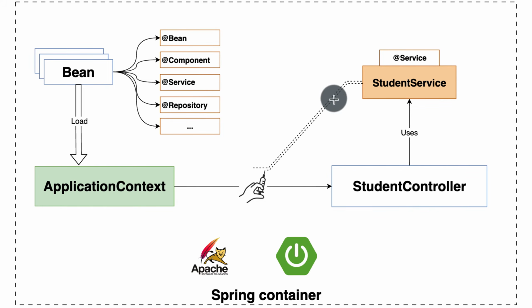And every time it finds it, it will automatically inject it. So there is no need anymore to add the AutoWired keyword to the constructor or even the field. All you need to have is a constructor with all the beans that you want to inject into a specific object, and Spring will do the job for you.